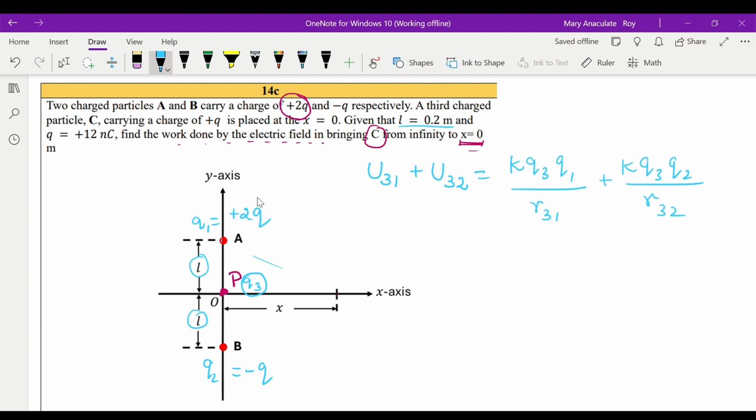Now notice these distances R31 and R32 are the same, which is L. So let's use those values and take the common ones outside. So Q3 is common. So K Q3 over L, because this distance is L and this distance is L as well. So I've taken all the common terms outside. So what's left now? Q1 plus Q2.